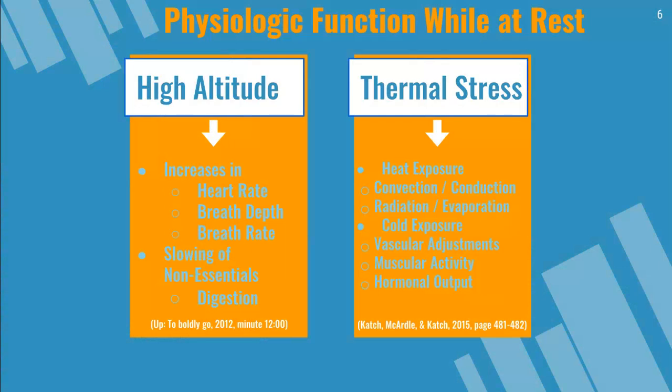These methods include vasoconstriction at the peripheries, increased muscular activity via shivering, and increases in the release of the hormones thyroxine, epinephrine, and norepinephrine. Vasoconstriction at the extremities works to limit heat loss by concentrating the bulk of the body's blood within its warmer core. Shivering creates body heat as a byproduct of the muscular exertion. These physiological responses to heat and cold exposure occur whether at rest or during exertion.